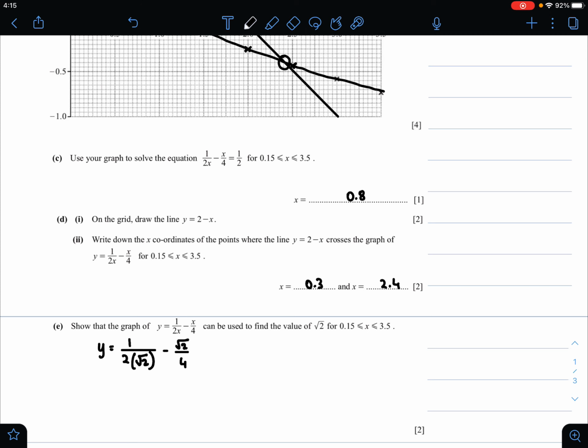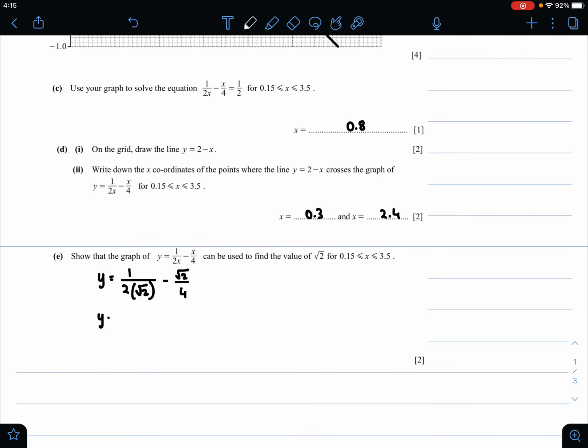You can simplify it by putting it in your calculator. So 1 by 2 root 2 is equal to root 2 by 4, and root 2 by 4 minus root 2 by 4 is 0. Therefore your y value will be 0, and this is all you need to show for these types of questions. This will be your final answer for part E of this question.